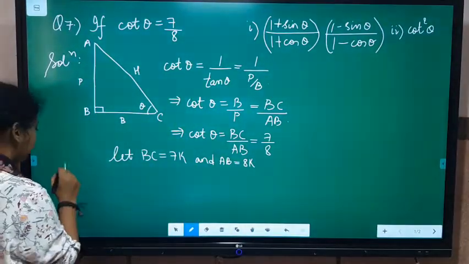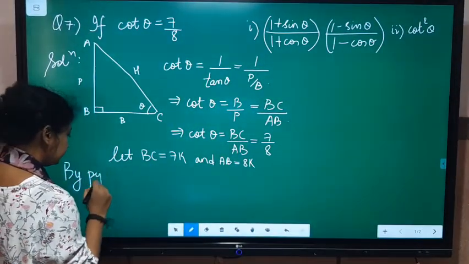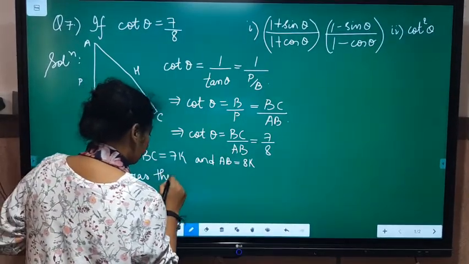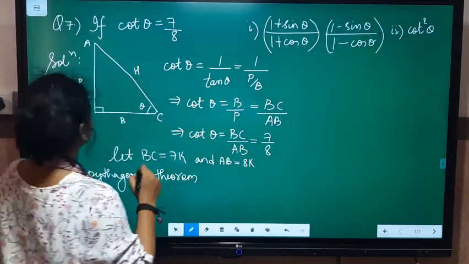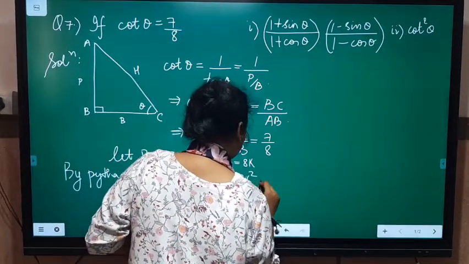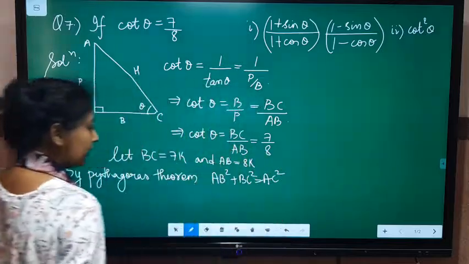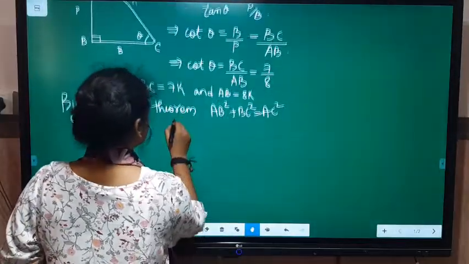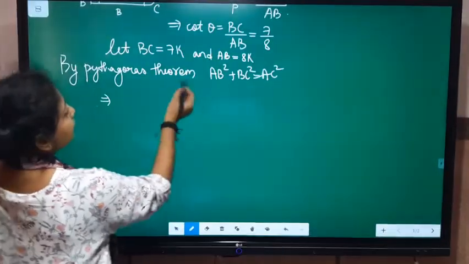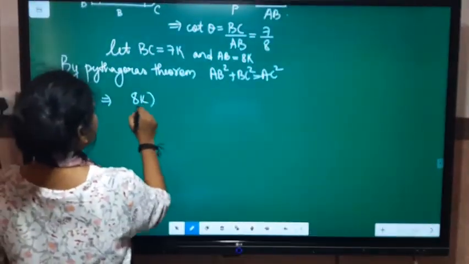Again, by Pythagoras theorem, AB square plus BC square equals AC square. In place of AB, we can write (8K) square.